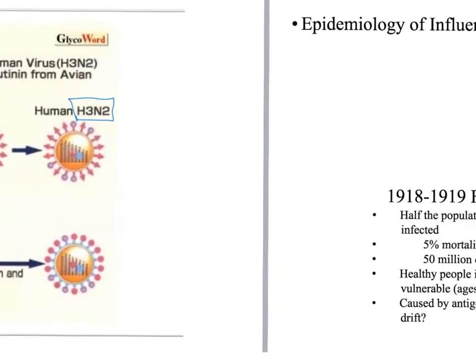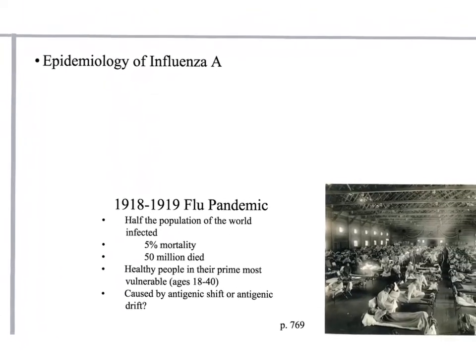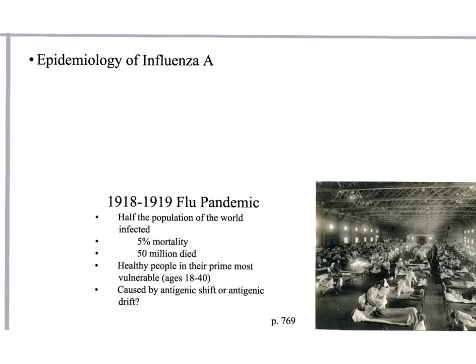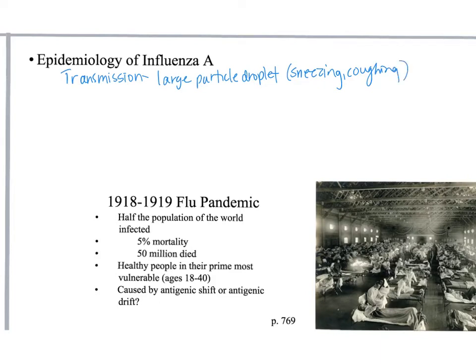All right, as far as a little epidemiology, this shouldn't be anything that's too shocking here in terms of transmission. No surprises here. Primarily by large particle droplet. Okay, so sneezing, coughing, etc. We think also through fomites.